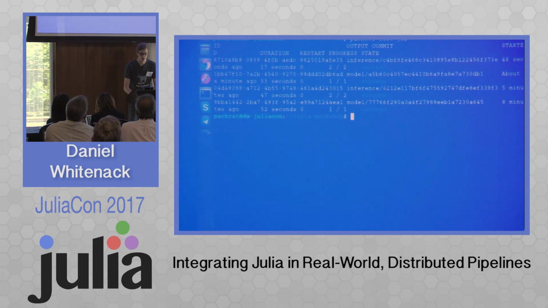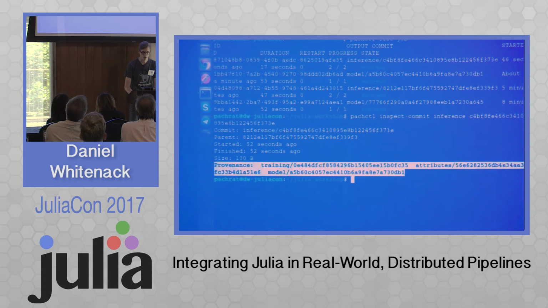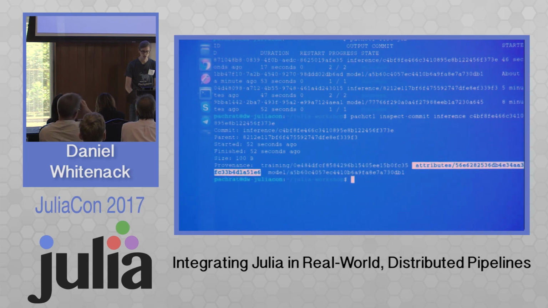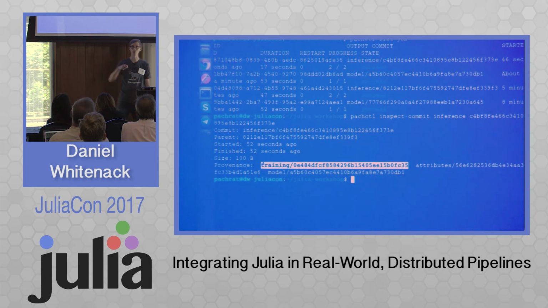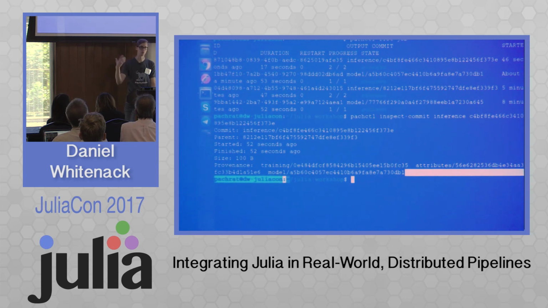If I go to this first inference and I inspect that commit on inference right there, it will give me that exact provenance for the exact version of my model that was used, the exact attributes, and the exact training data that was used to produce that exact result. And of course, you can go back and grab these commits and get your exact model from there and rerun it.